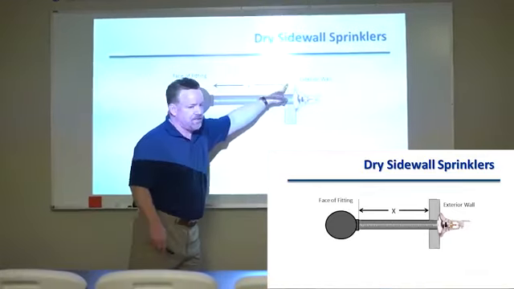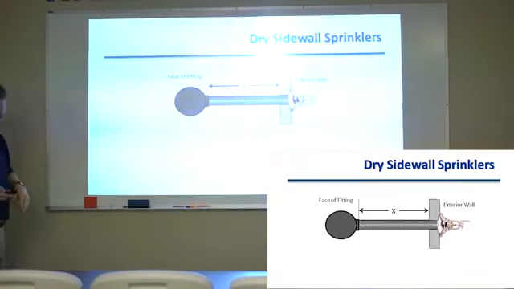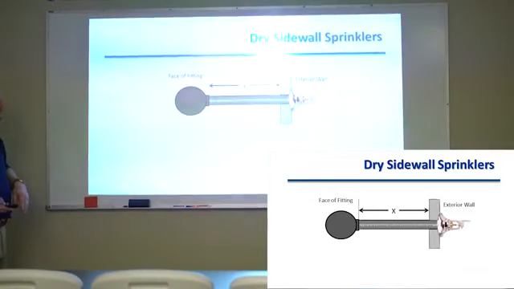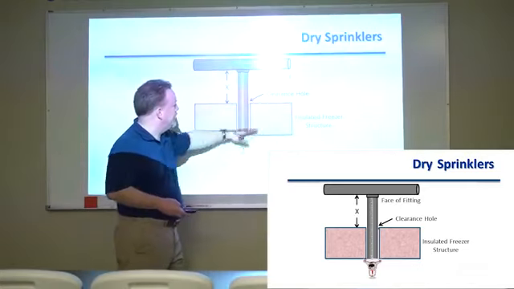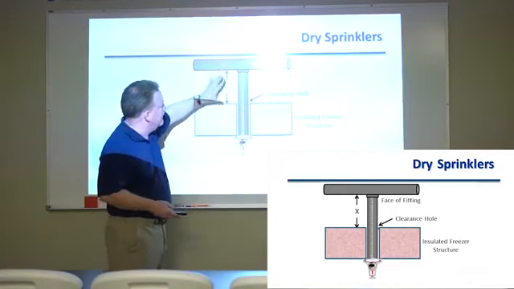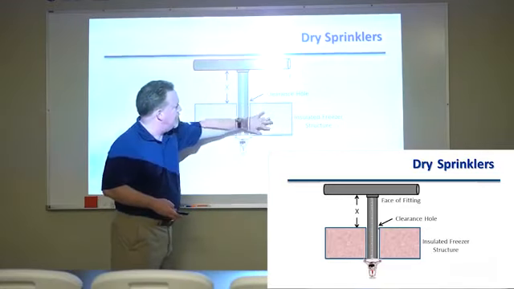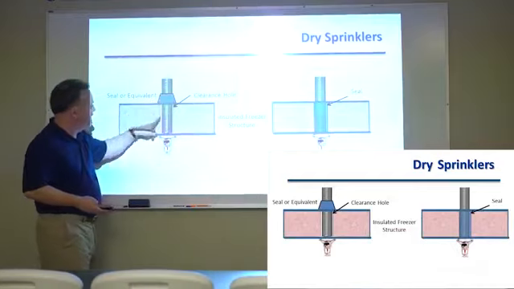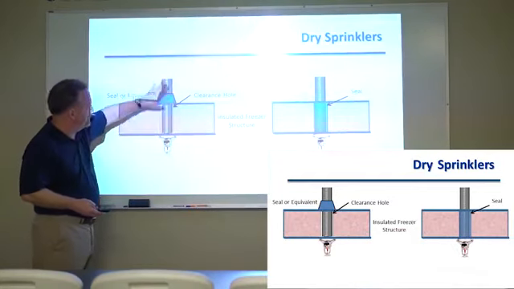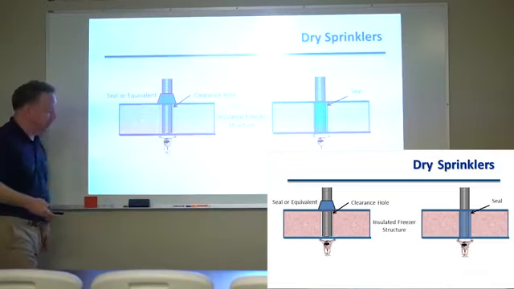So this distance is critical to the successful installation of a sidewall sprinkler. Now, when it comes to coming down through to an insulated freezer, it's kind of similar. We have a distance here, we have a clearance hole around it, we can also insulate it so that it doesn't creep beyond this space, and we seal around the piping in the freezer.